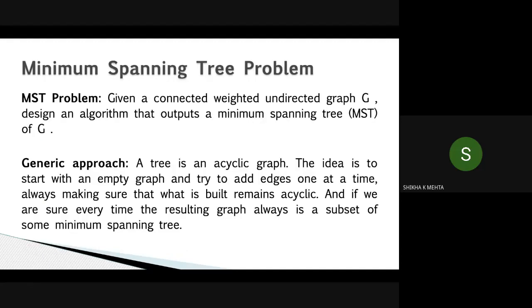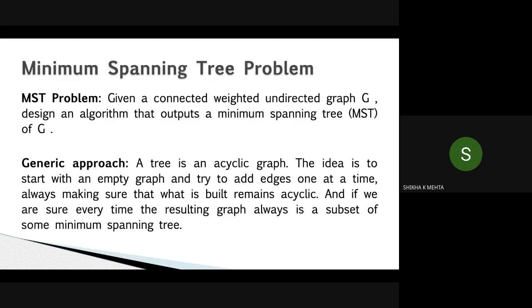So, as I told you, what is the problem in the MST? We are given a connected weighted undirected graph, and we design an algorithm that outputs a minimum spanning tree. One way of doing that is to generate all the possible spanning trees from the given graph. We have to remember that the tree is acyclic.